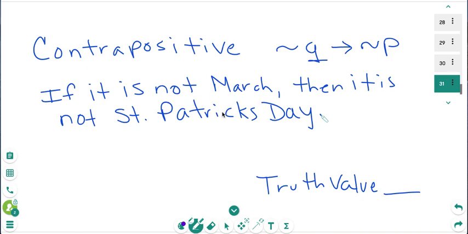So since St. Patrick's Day can only fall in March, if it's not March, then it cannot be St. Patrick's Day, so our truth value is true.